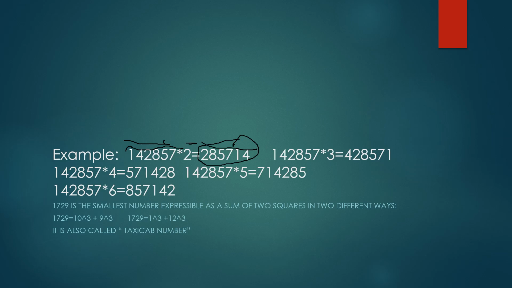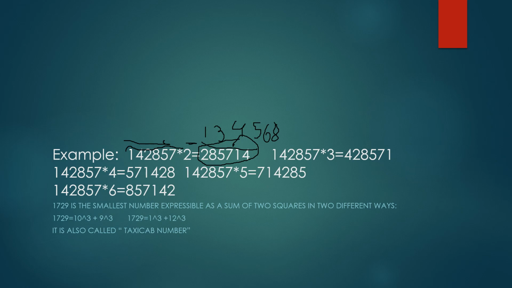So it's not something new. It would have been new if it had some other digits. Let's say 1, 3, 4, 5, 6, 8.